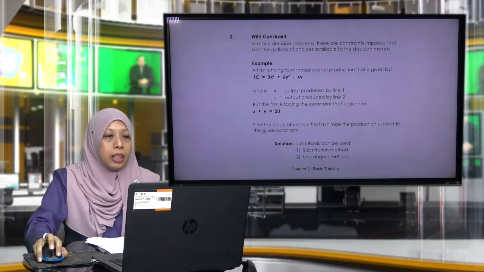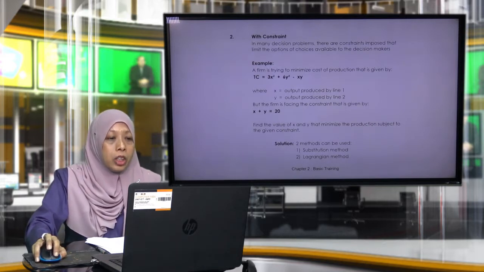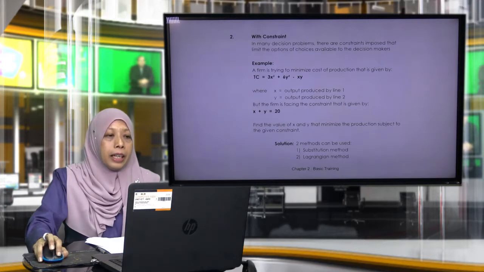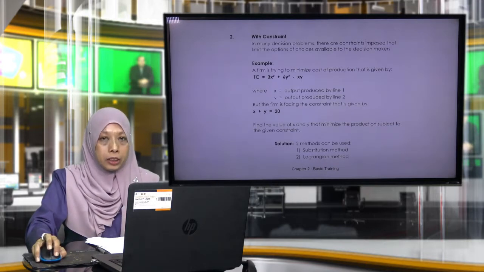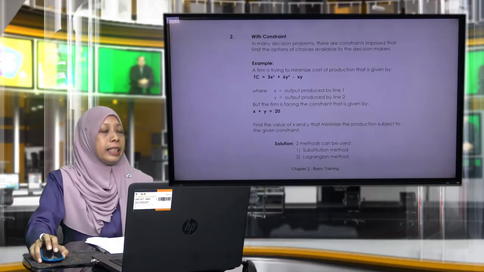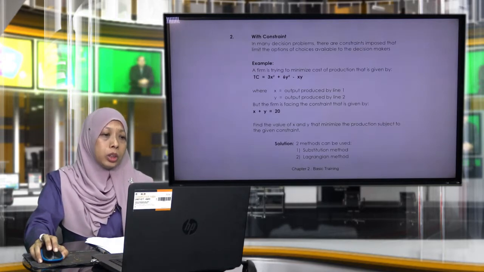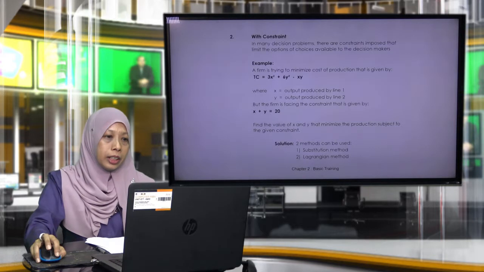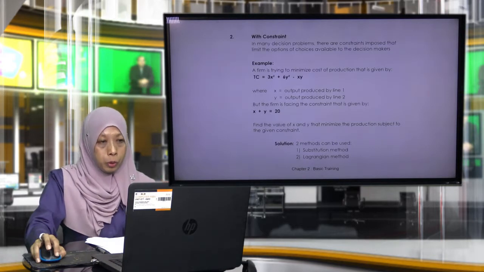You have a firm which tries to minimize cost of production, and the cost of production is given as 3x squared plus 6y squared minus xy, where x is the output produced by line 1 and y is the output produced by line 2. Now there is a constraint faced by the firm in the sense that they can only produce a total of 20 products.